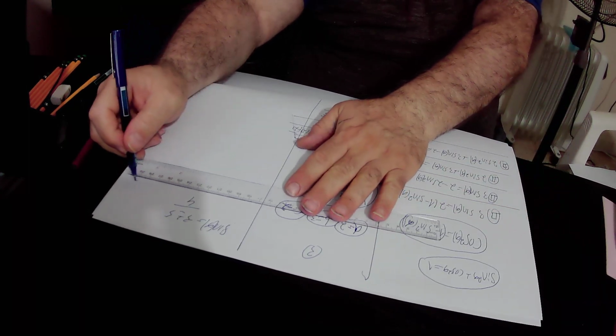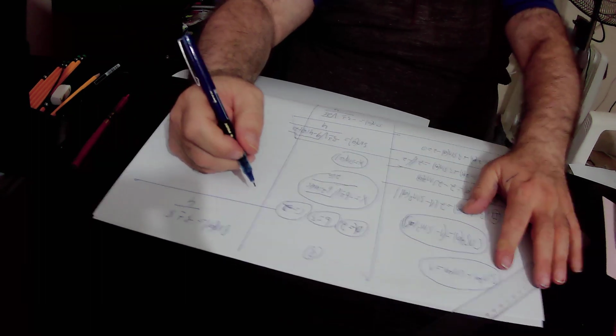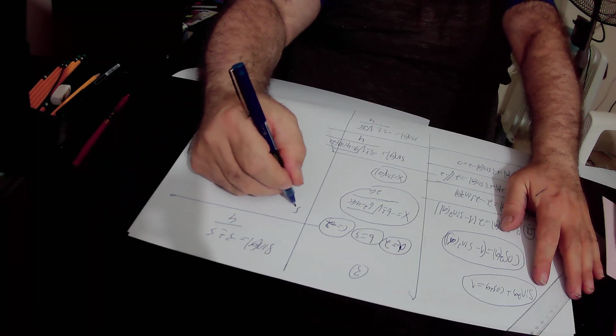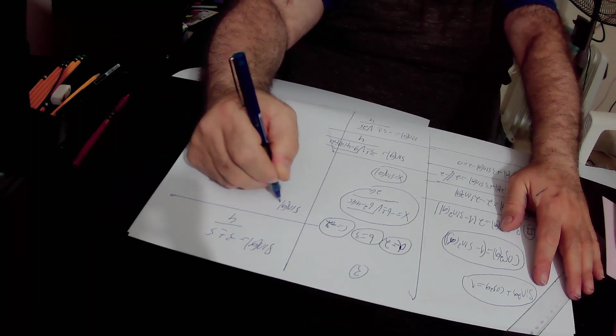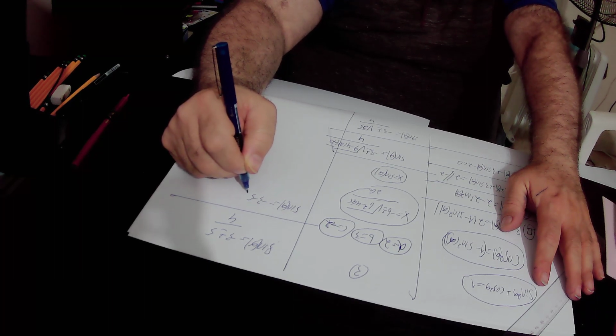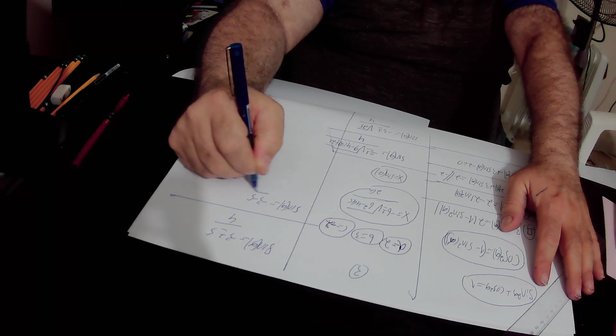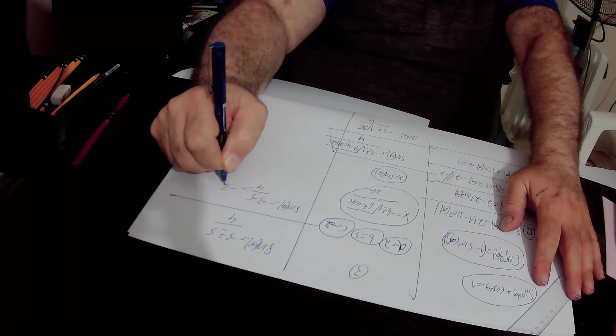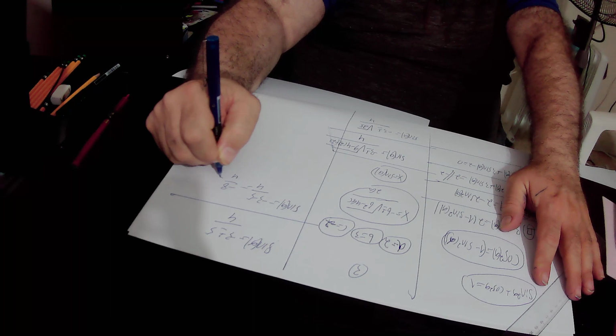So here we will have two possible solutions for sine alpha. The first solution is sine alpha equals minus 3 minus 5 over 4. Minus 3 minus 5 is minus 8, and minus 8 over 4 is minus 2.